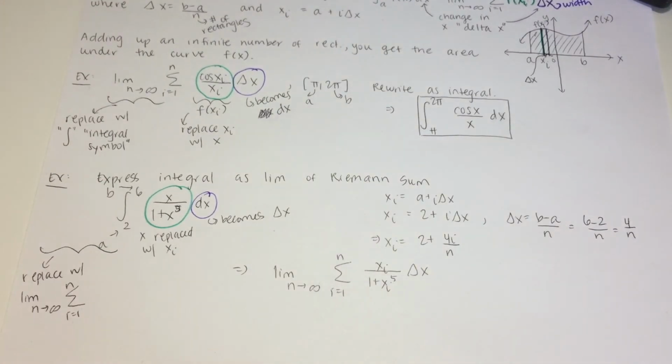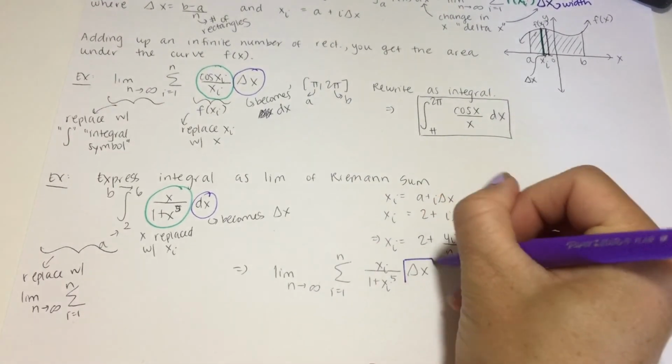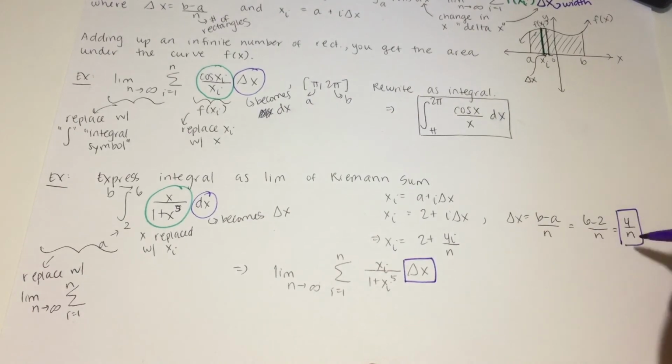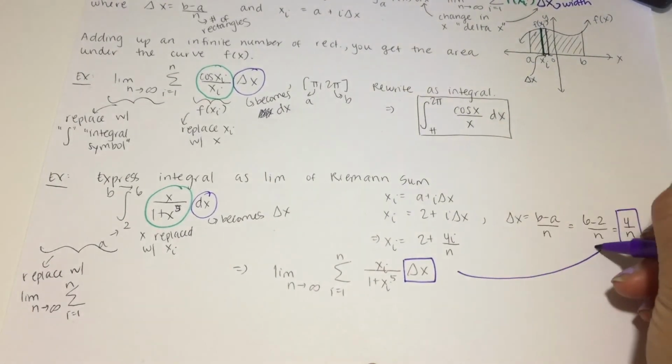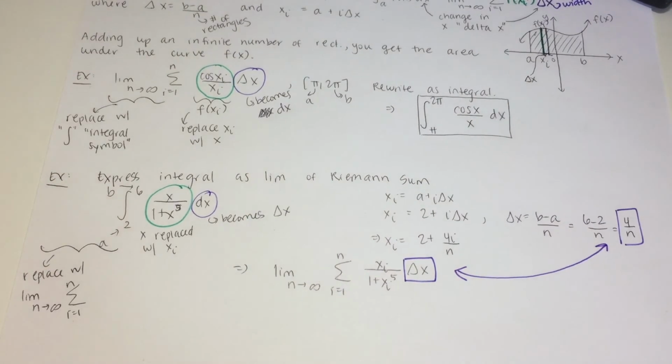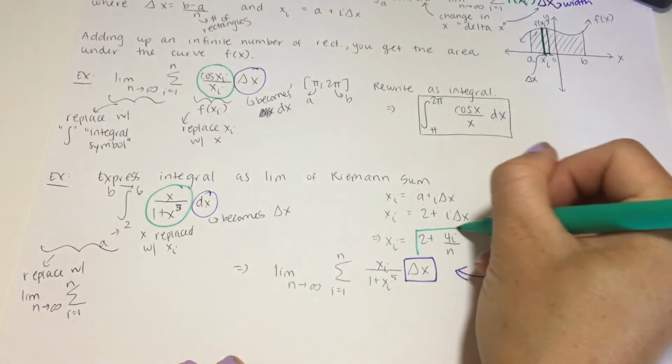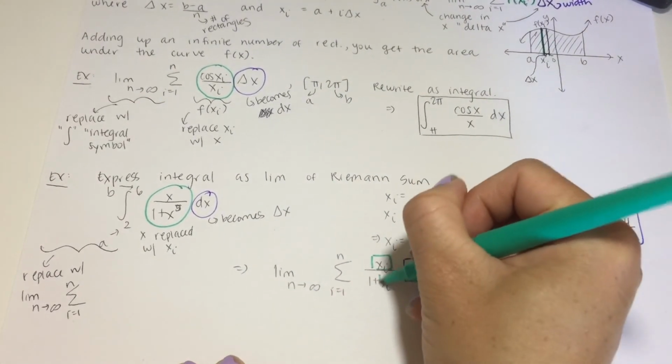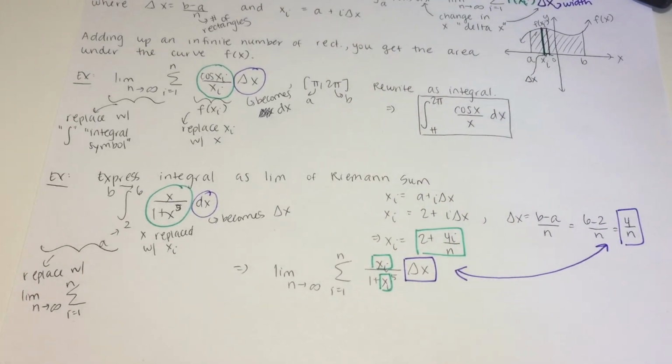Now plugging in our terms so that we have everything in terms of i, we are going to replace delta x with 4 over n, and then replace the xi with 2 plus 4i over n.